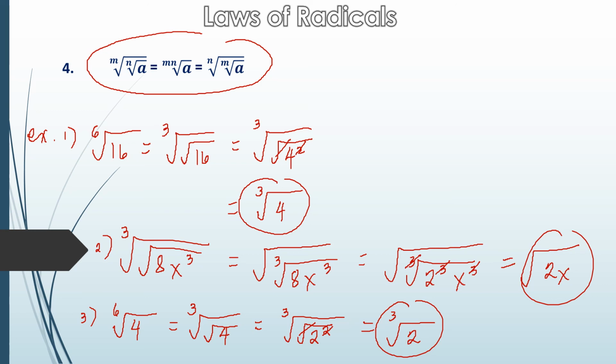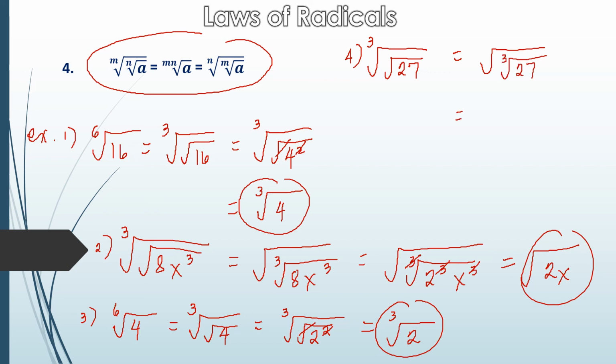Let's have another example. Let's say we have the cube root of the square root of 27. Applying the fourth law of radical, this expression is the same as the square root of the cube root of 27.